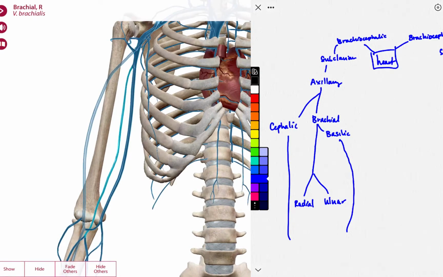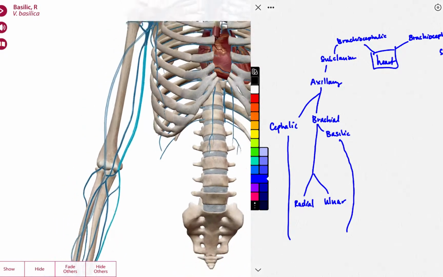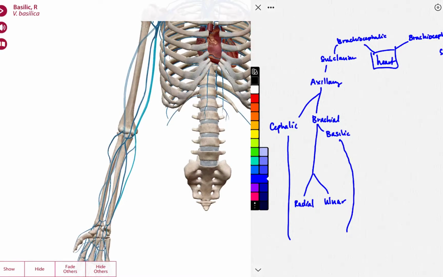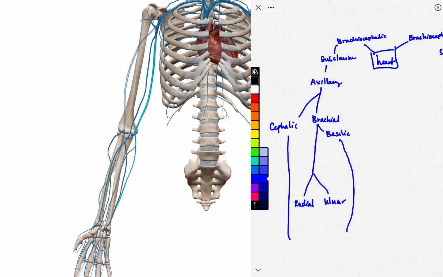Just where we split from the axillary into the brachial, we have this basilic vein. This is not something we had in the arteries. And basilic is like the opposite of the cephalic. It runs on the inside of the arm, so on the pinky side. And it's going to drain the arm that way.